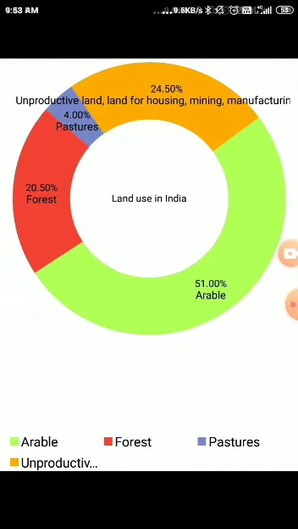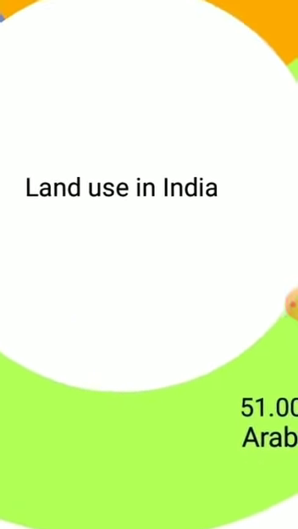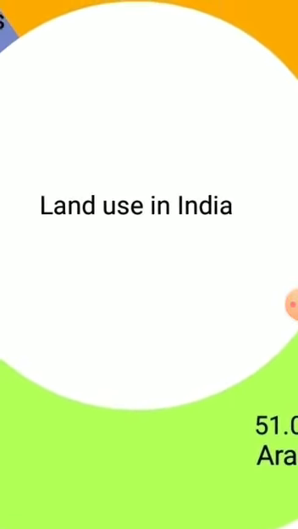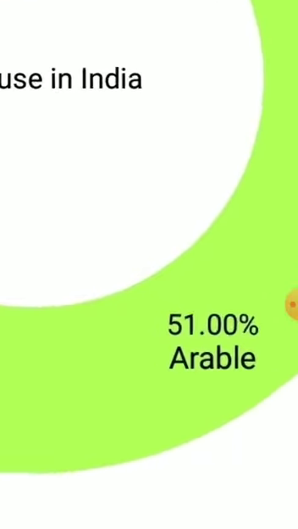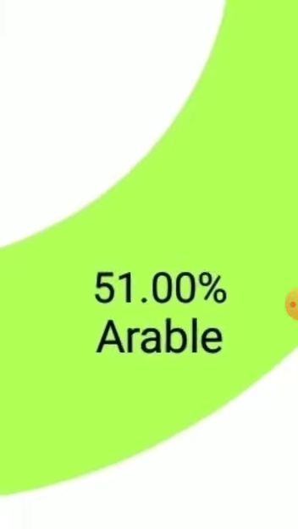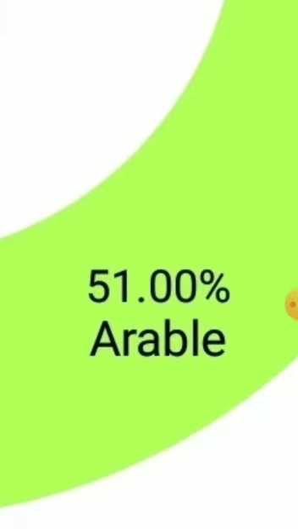Now we have reached the last slide of today's class, and we are going to discuss land use in India. Do you know, students? In India, more than 50% of the land is arable.